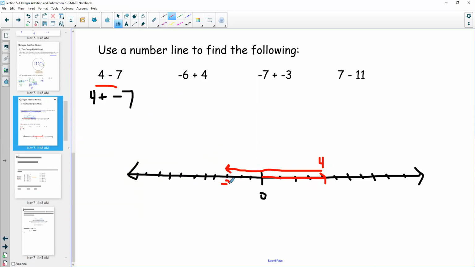Gets me to -3. So 4 plus a -7 is -3. Let's do -6 plus 4 in green. So I'm going to start at 0, and I'm going to start to the left at -6. 1, 2, 3, 4, 5, 6. There's my -6. Then I'm going to move to the right because it's plus 4. 1, 2, 3, 4. That gets me to a positive 2, or sorry, a -2.